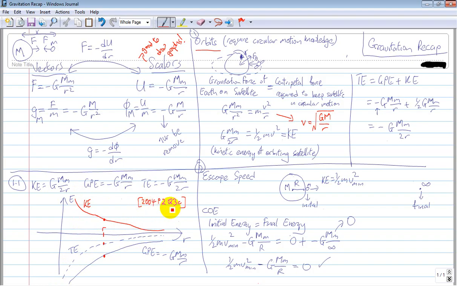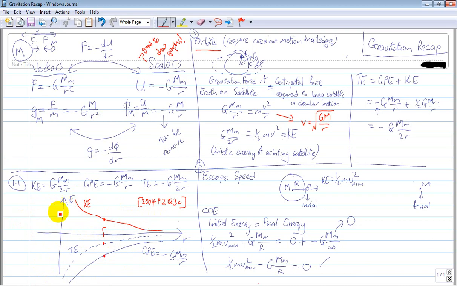2014 paper 2 question 3c. They ask, as the satellite orbits the Earth, it gradually loses energy because of air resistance. State whether the total energy becomes more or less negative. It's good to draw graphs for energy questions because the graph gives you a very good sense of how energy increases and decreases.